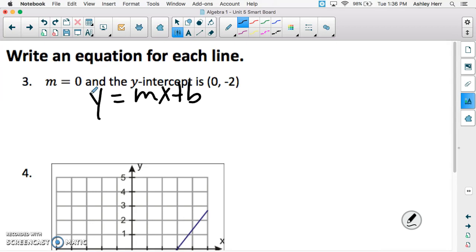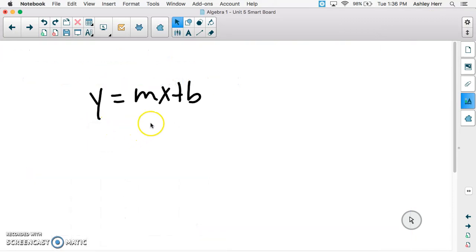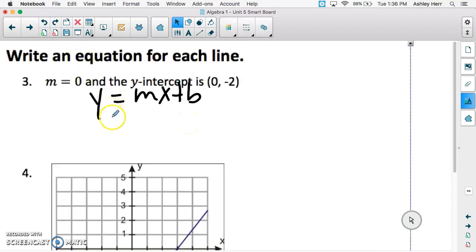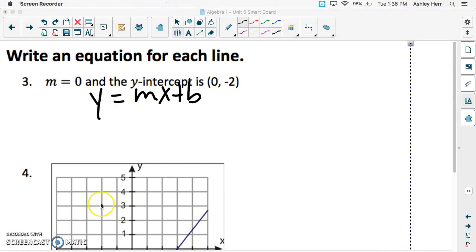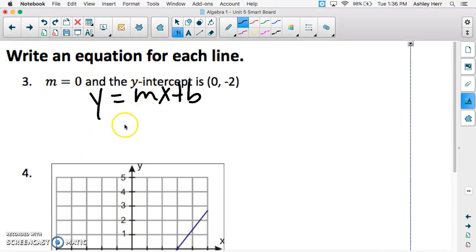Okay, so since our slope is 0, I plug 0 in for m. So I get y equals 0x.